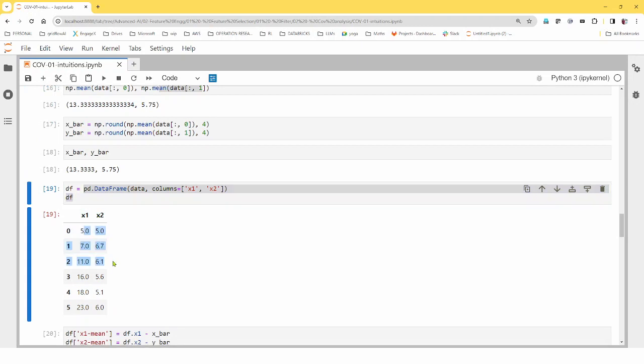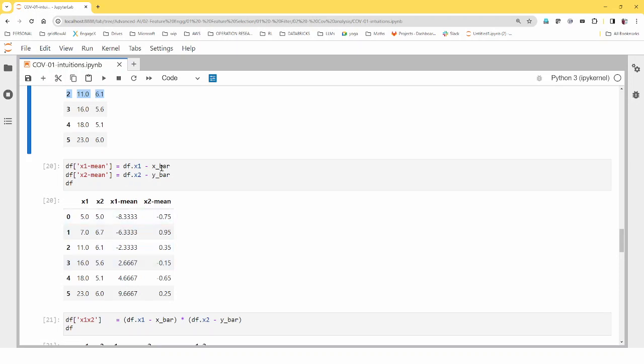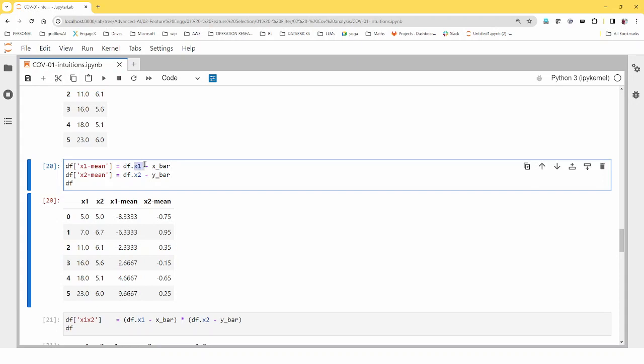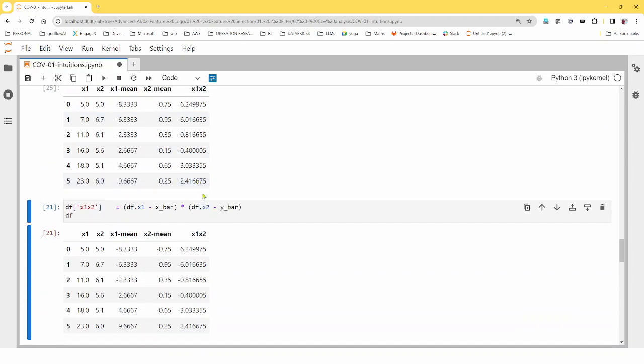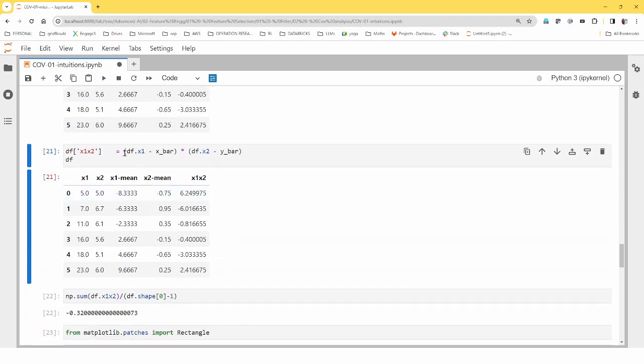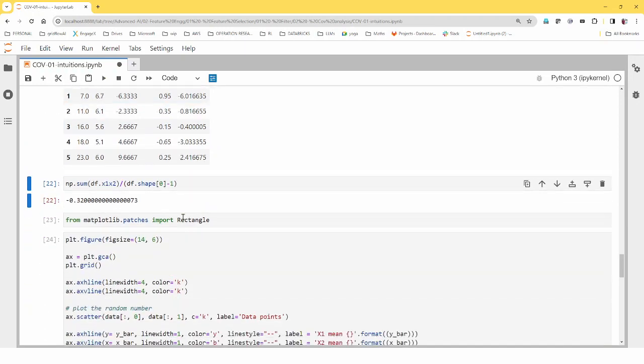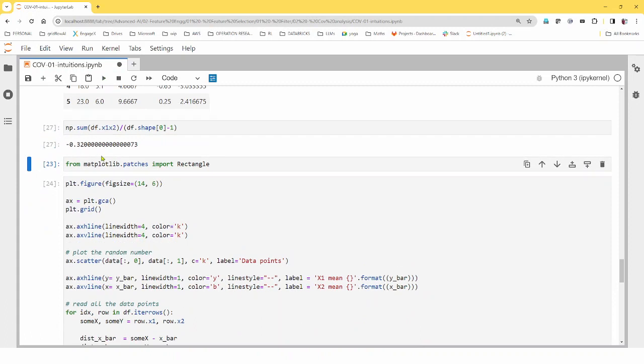Then we subtract the mean from the individual columns x1, x2, and that is the deviation that you're seeing here. Now we multiply those two deviations in another column of the data frame, and sum them up. That's going to give you the net covariance.